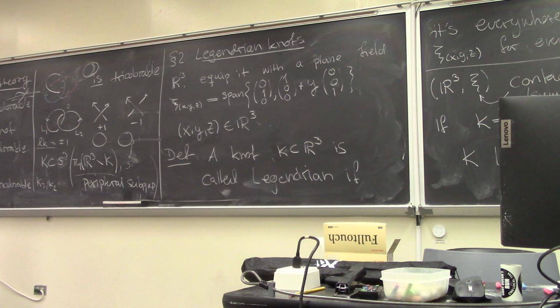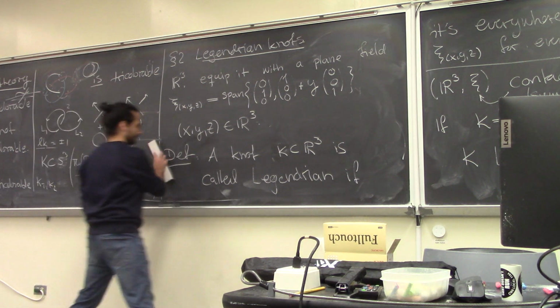If I had infinite time, I would tell you about some other invariants that are very powerful and also easy to define, much easier than this, but they're interesting. I can give you names if you're interested.